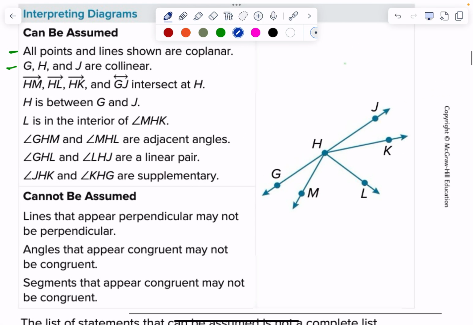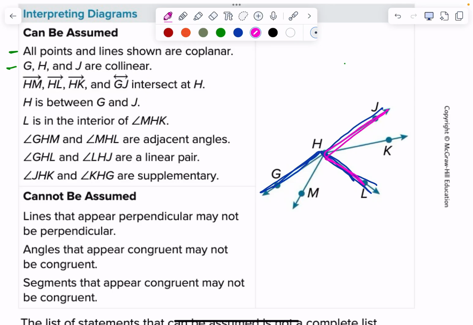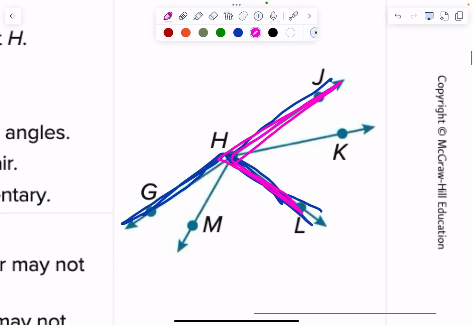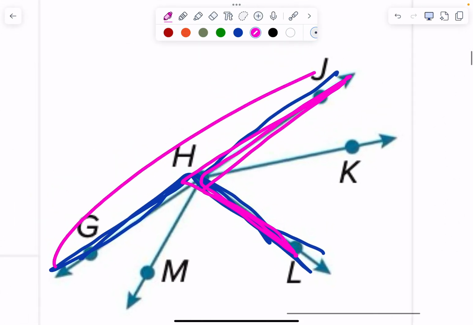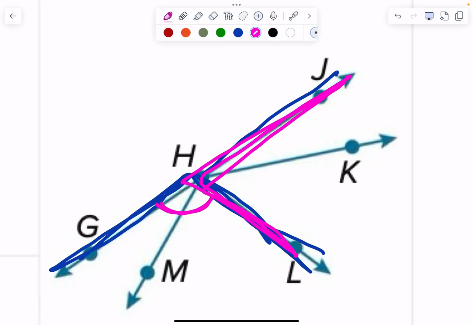We can assume that GHL, this angle, and this pink one, are a linear pair because they live on a straight line right here, right? So given that, if they give me this angle measure and this angle measure, those would add up to be 180. Yeah?